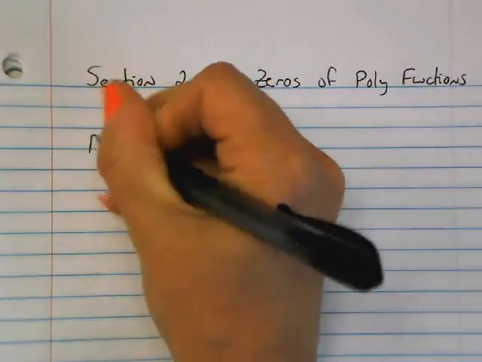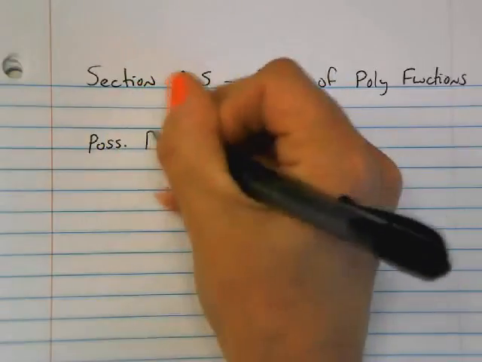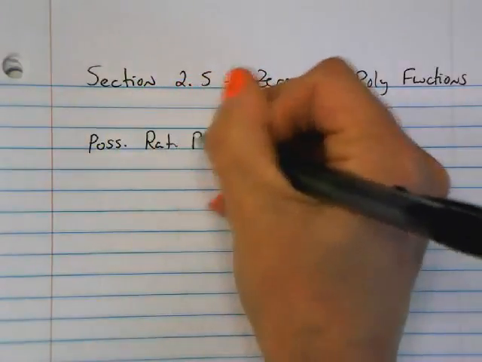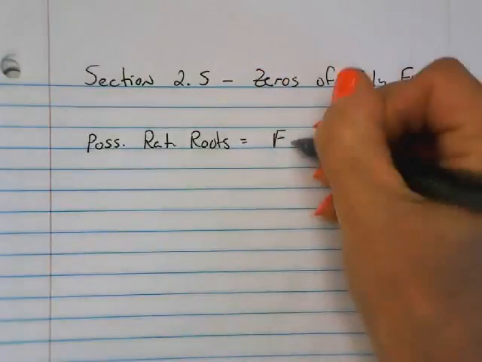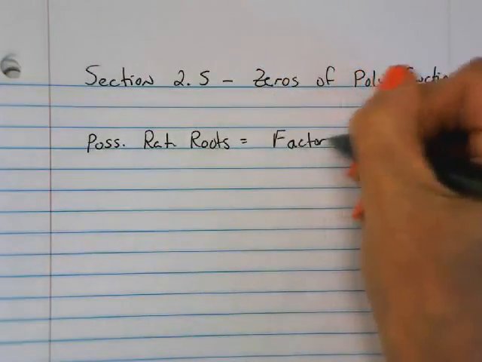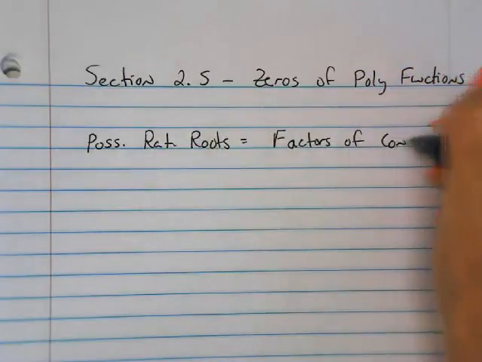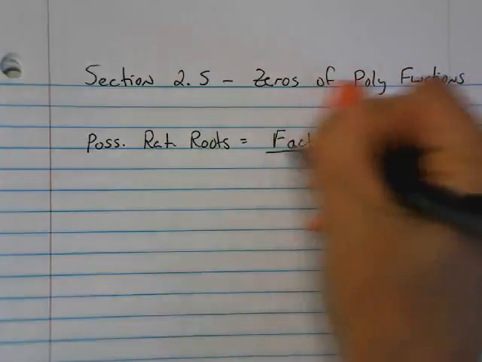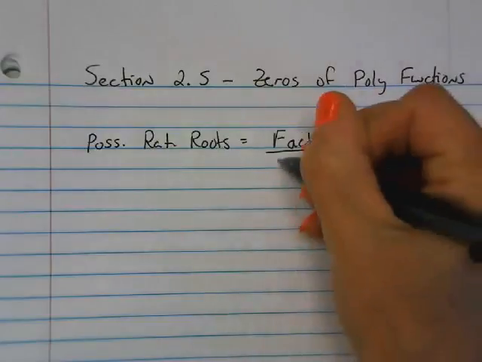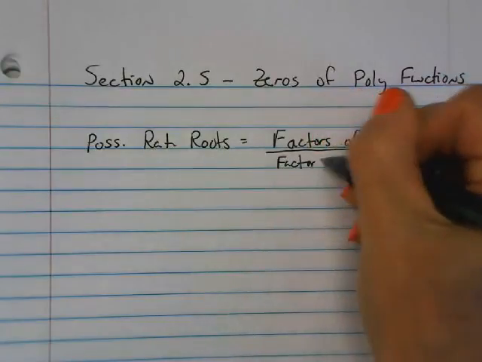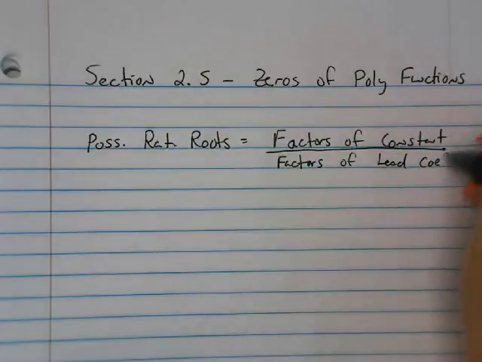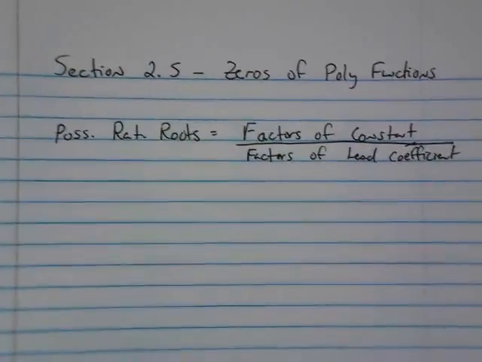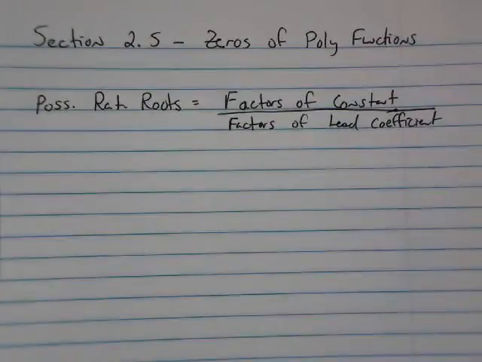Just as a quick review, for your possible rational roots, you take the factors of the constant term divided by the factors of the lead coefficient. That was what we did after we did our factoring review yesterday.